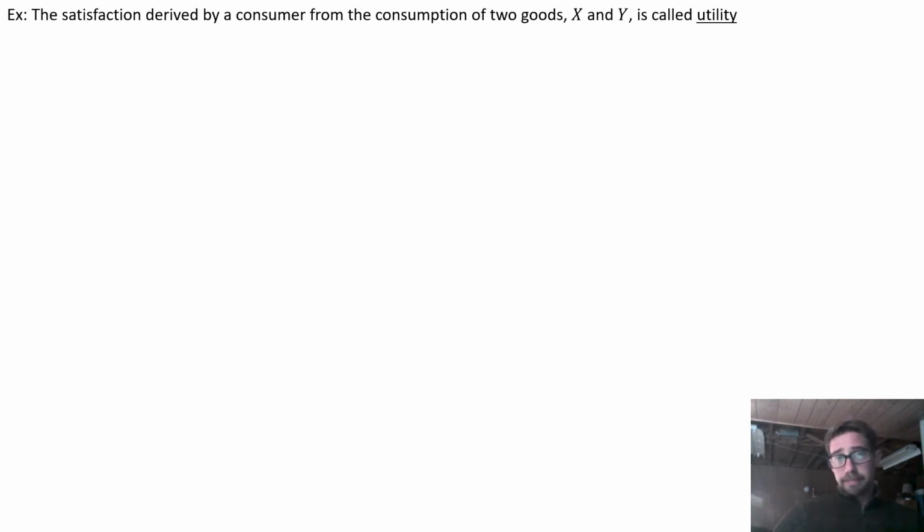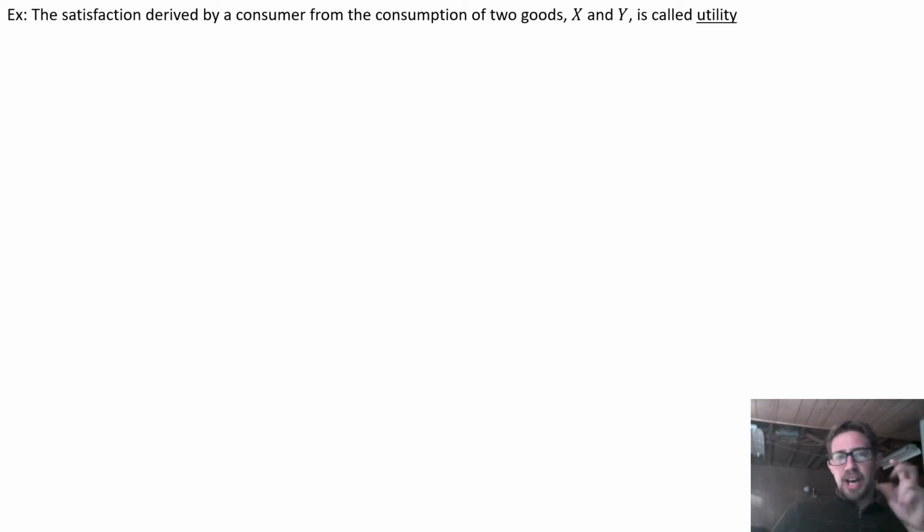Here's another one. The satisfaction derived by a consumer from the consumption of two goods, X and Y, is called utility. I don't know, X is peanut butter, Y is jelly. What if I buy 10 things of peanut butter and only one thing of jelly? I'm not going to be satisfied because I'm only going to be able to make a couple sandwiches. I'm just making one up.